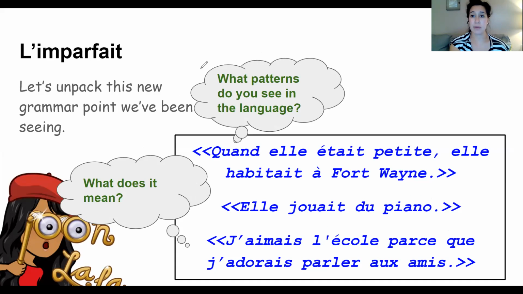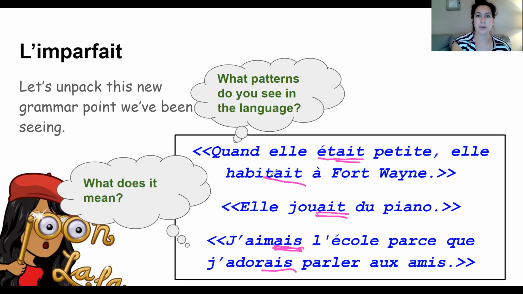Okay, so for me, one of the patterns that comes up most clearly, and that a lot of you were commenting on yesterday in a shared reading, is these endings right here. Now, they're not all exactly the same. Obviously, these ones end in AIT and these ones here end in AIS. And I know at least one person was asking why.